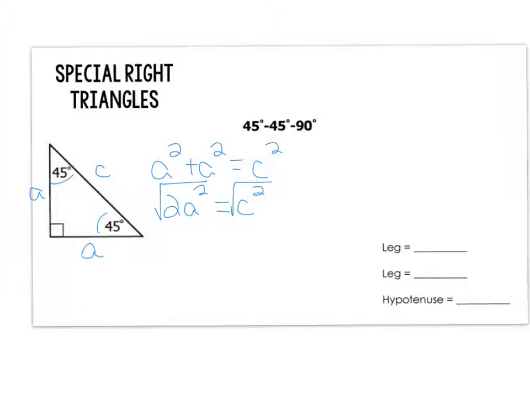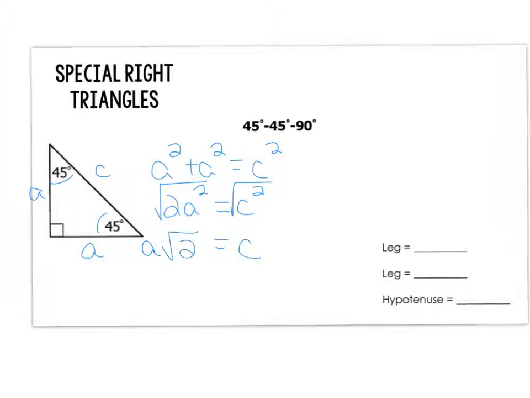So the square root of C squared, if I take the square root of a perfect square, I get what's inside, C. And over here, the square root of A squared is A. So that can come out here. But the square root of 2 can't simplify. So we just write it as A root 2.